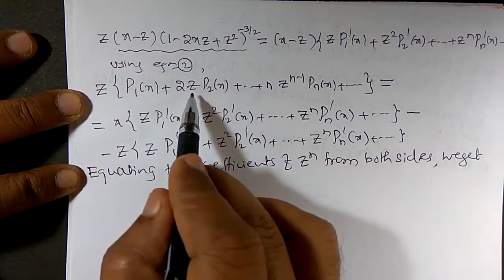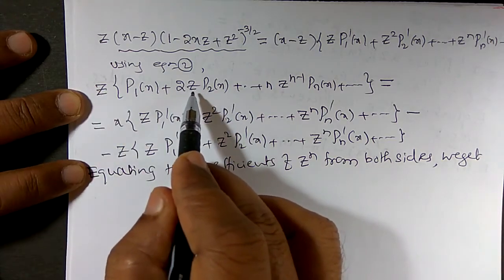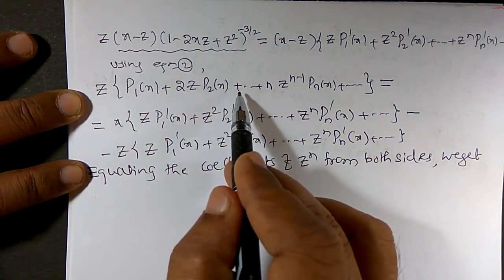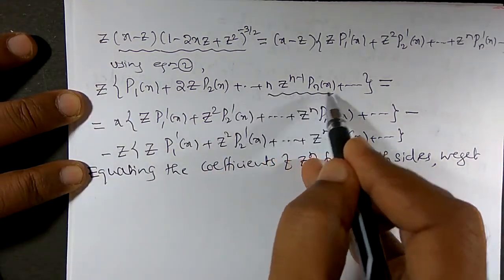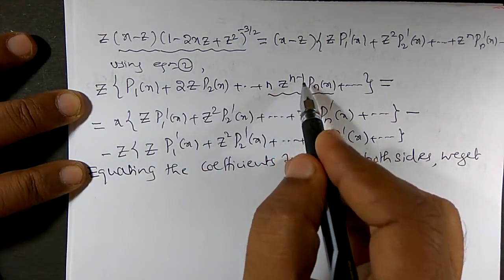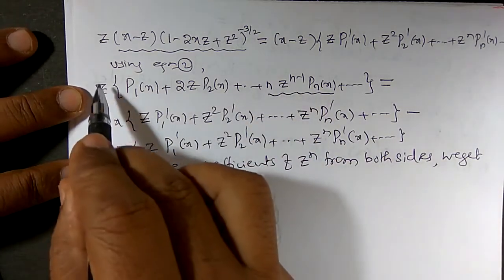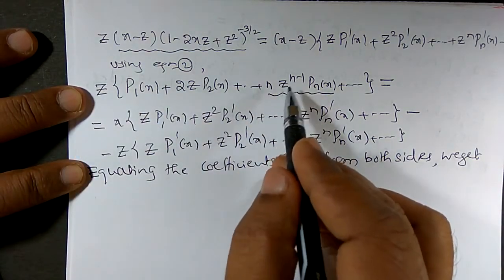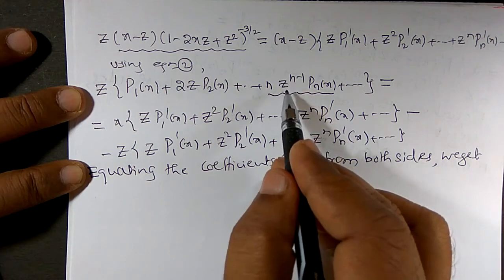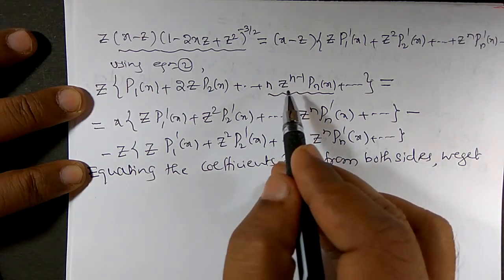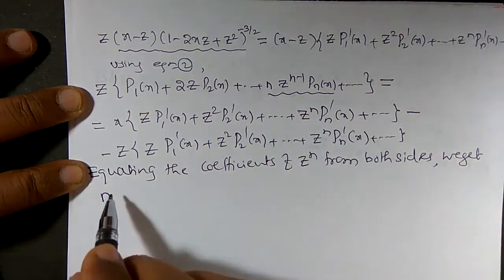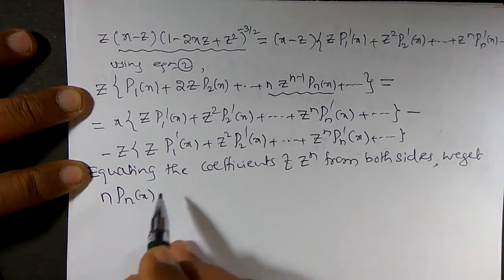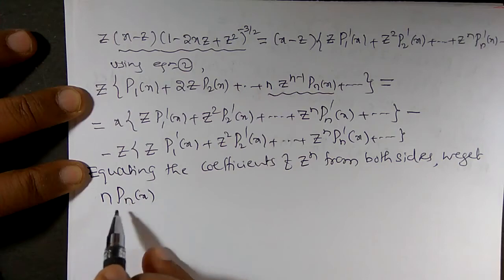When you multiply z into the next term, the coefficient of z square, next the coefficient of z cube, and so on. When I multiply z into this term, z raised to n minus 1 into z means z raised to n. So the coefficient of z raised to n is n into Pn(x). This is the coefficient of z raised to n.